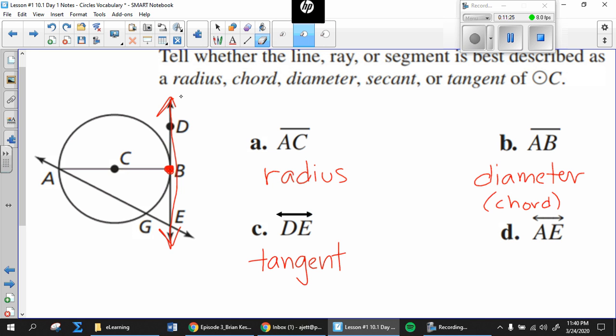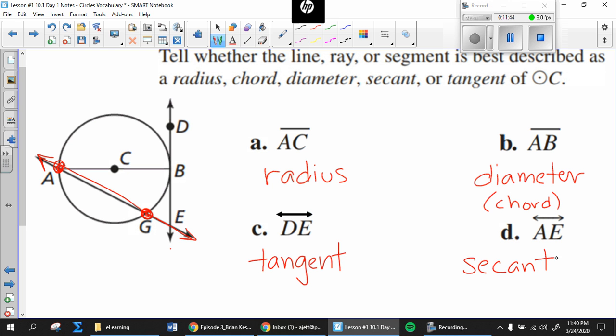Like we talked about, point B would be a point of tangency. And the last one, line AE here. This line intersects the circle at that point and at that point. Any line that intersects the circle at 2 points, we call a secant.